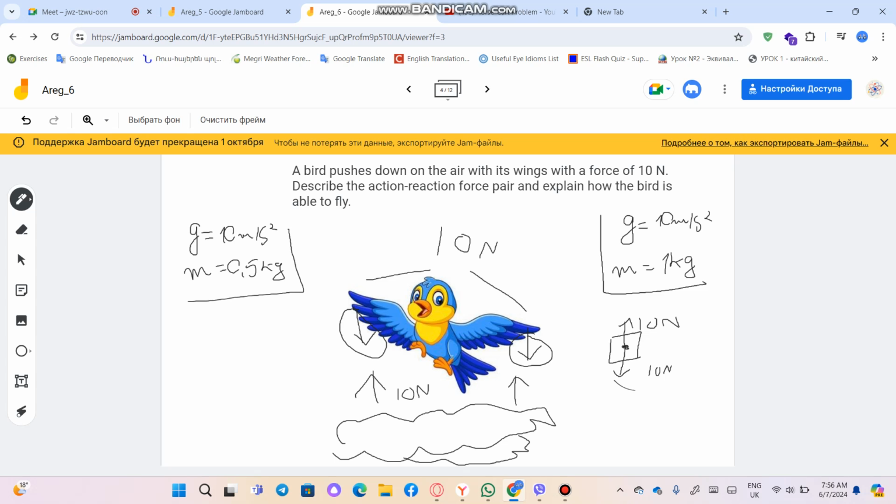Again, it's exerting 10 newtons force. Again, let's calculate the gravity. So we have the gravity, which is 10, or it's mg, right? So it's 5. Can you show it on this left rectangle that I drew?